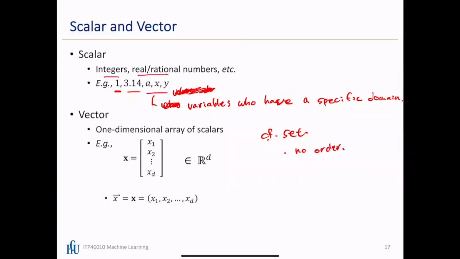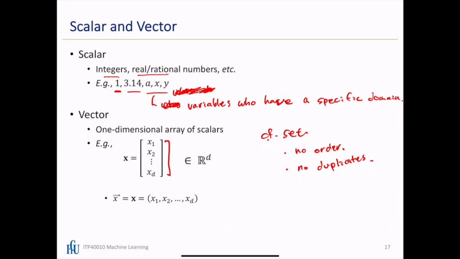And by definition, a set does not allow you to have duplicates. But a vector, if you have x1 to xd like this, the order is important. And also there can be duplicates. That means x1 could be equivalent to x3, x4 could be equivalent to x5, something like that.